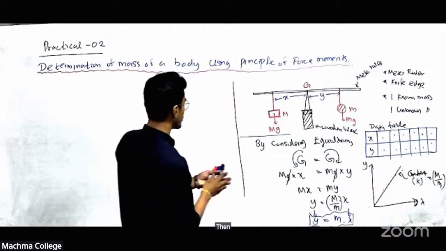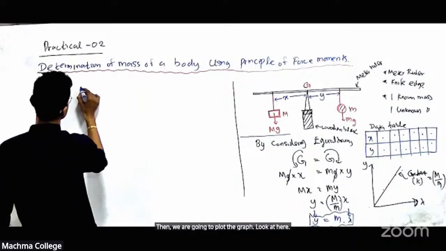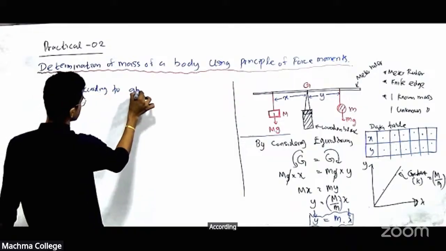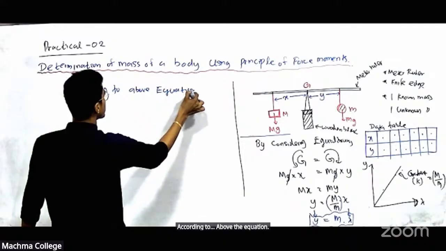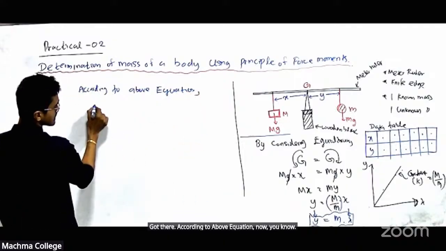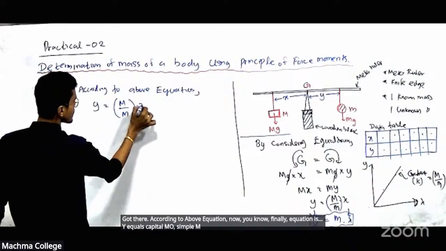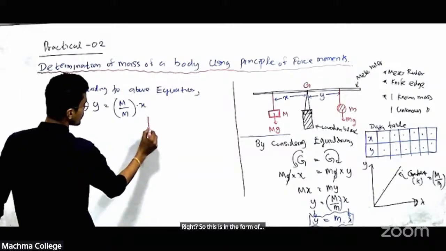Then we are going to plot the graph. Look at here. According to the above equation, now you know the final equation is y equals capital M over simple m times x. So this is in the form of y equals mx.